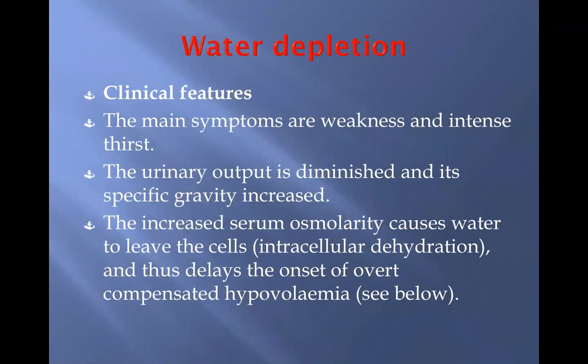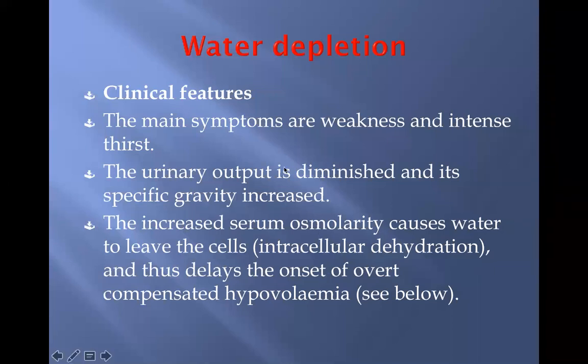Water depletion means a decrease in the amount of water in our bodies, and the main clinical symptoms of this condition are weakness and intense thirst. Why this intense thirst? We already said this is a part of our defense mechanism.